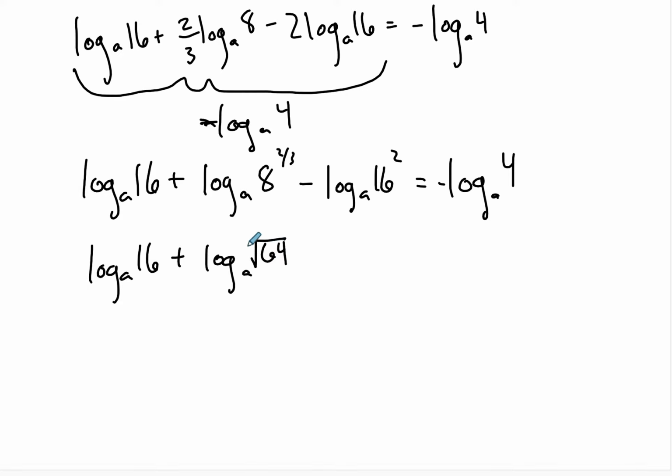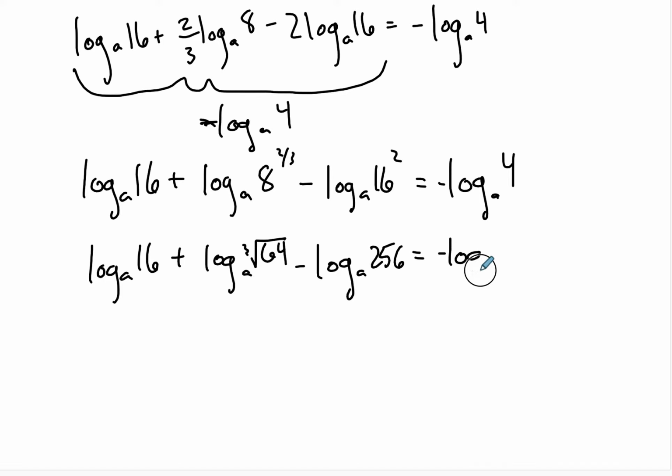So here I'm actually going to take the cubed root of 64. And now I have to deal with this log A of 16 squared. In this case here, log A of 16 times 16, so that'll give me 256. So here I'll actually write 256. Right, because that's just 16 squared.